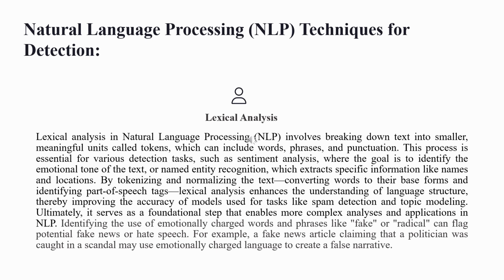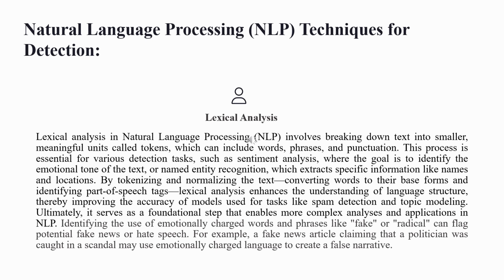Coming to lexical analysis: in NLP, lexical analysis involves breaking down text into smaller meaningful units called tokens, like words, phrases, and punctuation. This is a key step in detection tasks such as sentiment analysis, where we identify the emotional tone of the text, or named entity recognition, which helps extract specific information like names and locations.